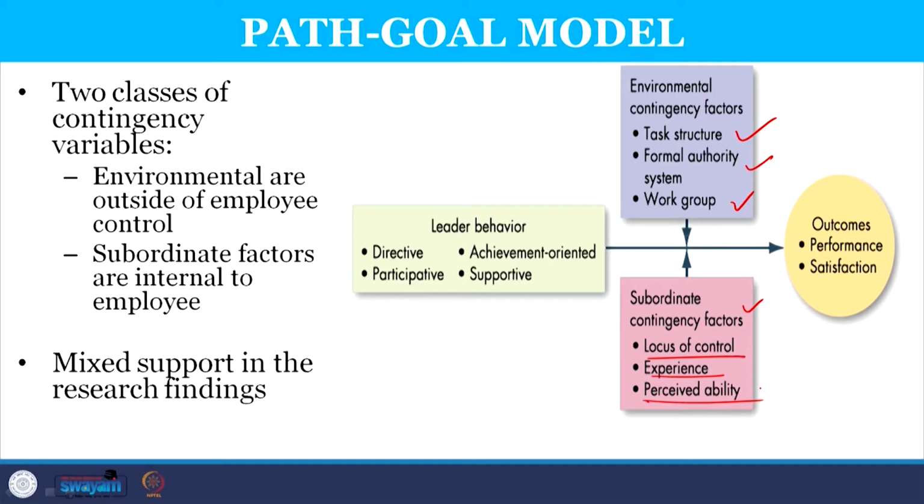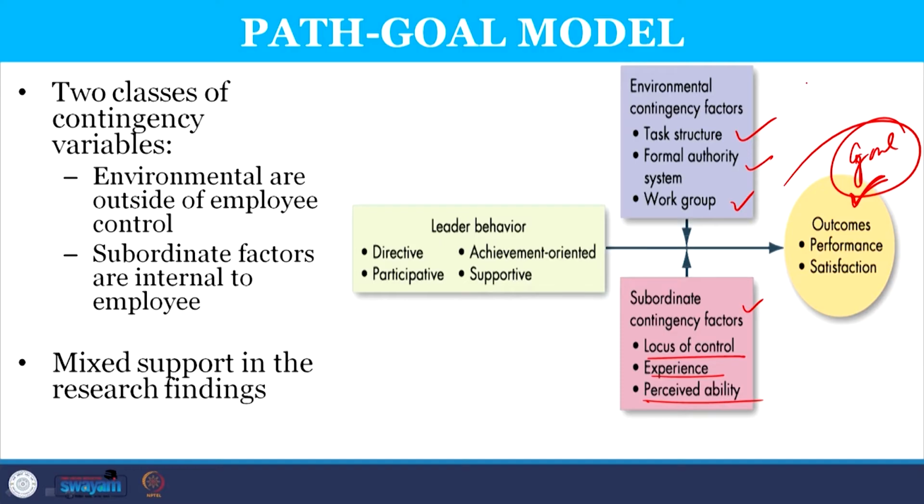So, the leader's behavior, whether directive, achievement oriented, participative or supportive, what type of leadership style will be exercised by the leader and what the outcome will be, and how these styles help subordinates achieve the goal, will vary on certain situational or contingent variables.